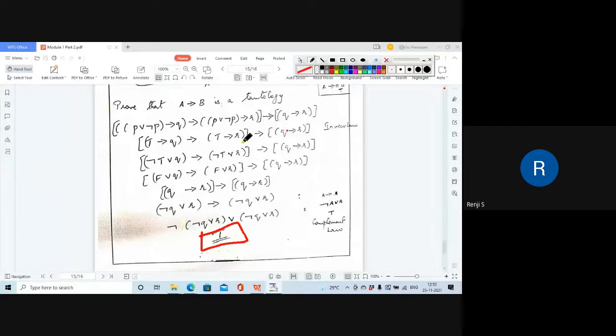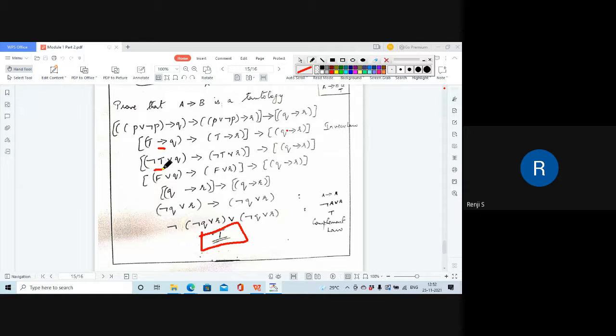Then next, we can eliminate this implication here to get not P or Q implies not P or R. In the next step, not T or Q. What is not T?